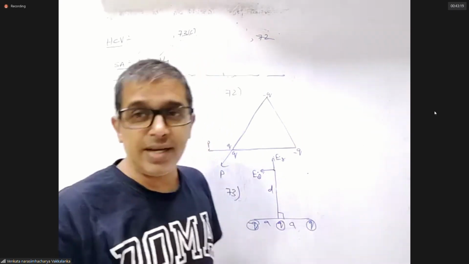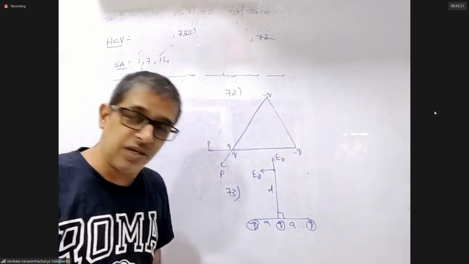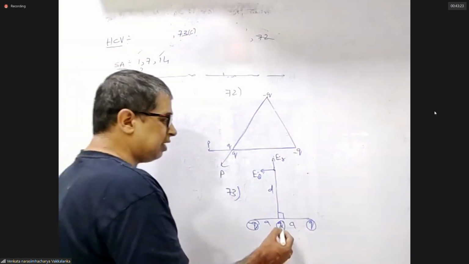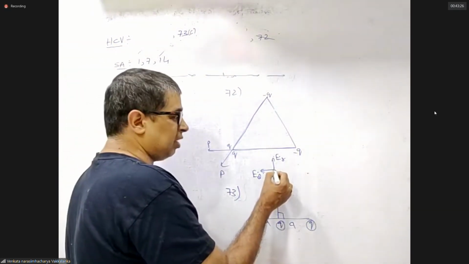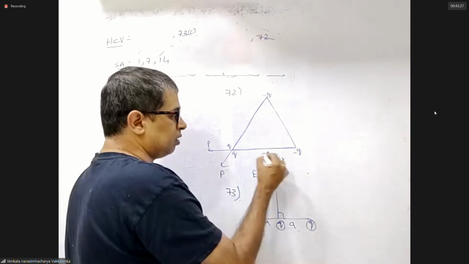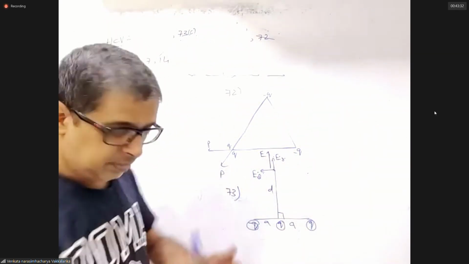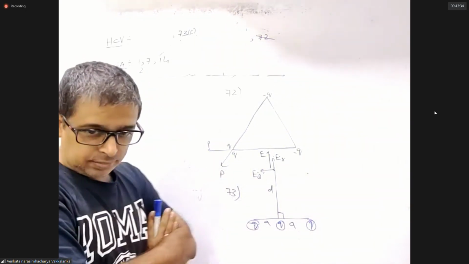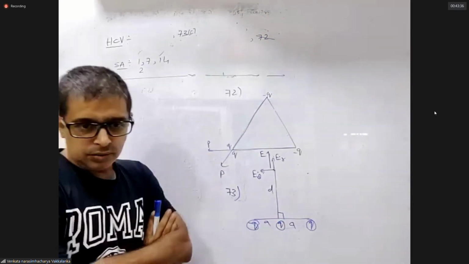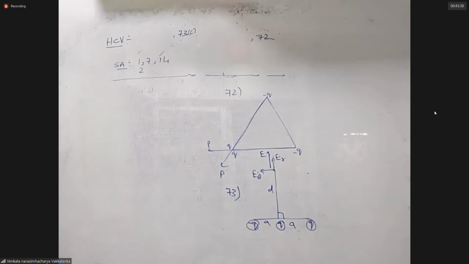Theta is 90 degrees here. Cos 90 is 0. Take the other charge. Because of the other charge, find out the field. It will be along this direction. Can you get the resultant? Say something. Yes or no? Yes, sir.